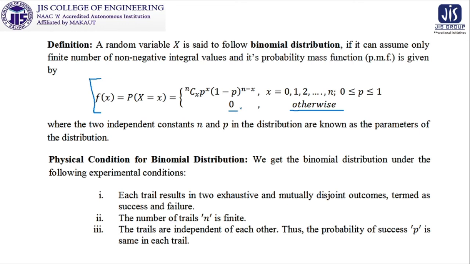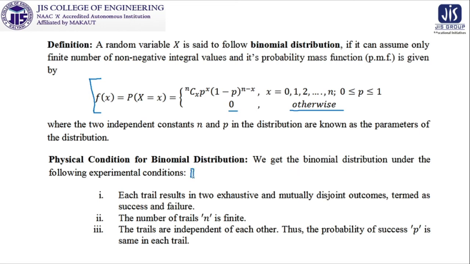Now the two independent constants n and p in the distribution are known as the parameters of the distribution.